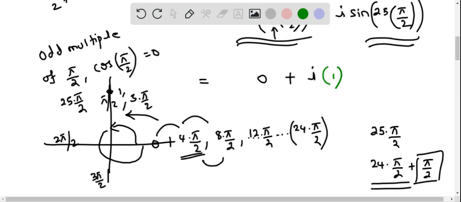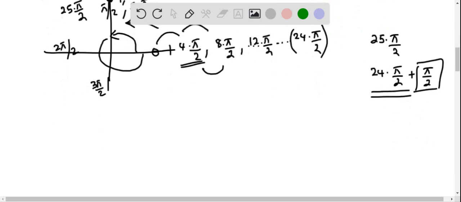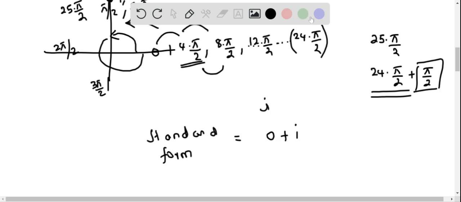So therefore, this becomes 0 plus i, or just i. So this is the complex number, and we can write this complex number in standard form. Since it is just i, we can rewrite this i as 0 plus i, and this is the power of the complex number.